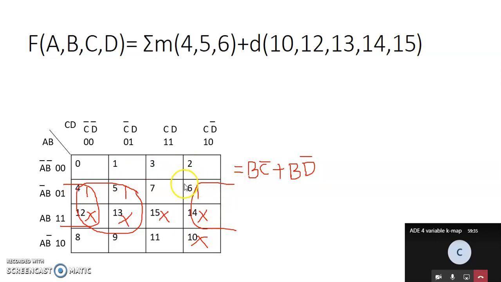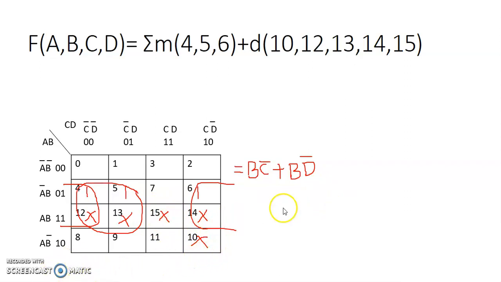So I fold the map in half. These two along with these two are in one group. The result here is B D bar. That's what we got for this problem. But we are not focusing on these don't cares because they are not required for us. Is that clear? With this, I'll wind up today's session.